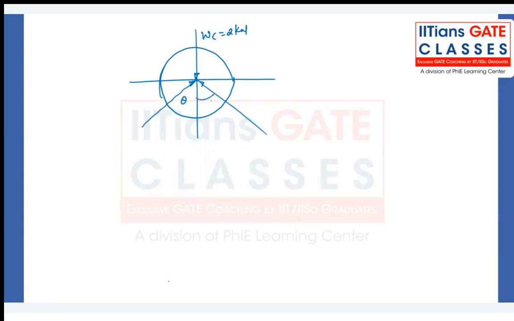So you can directly apply Lami's theorem: P divided by sine of 180 degree minus theta, that is sine theta itself, equals WC divided by sine of 2 theta. So P you can calculate from here.